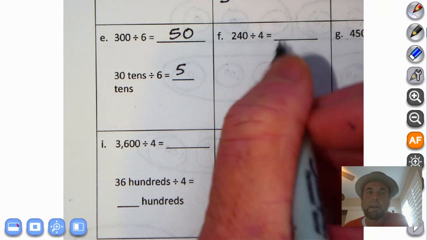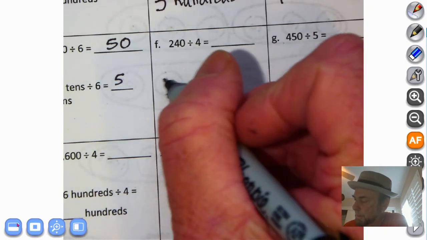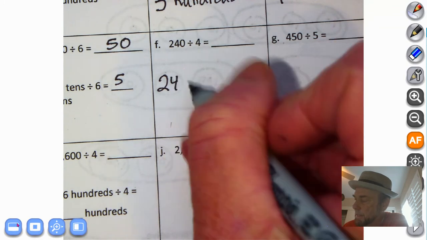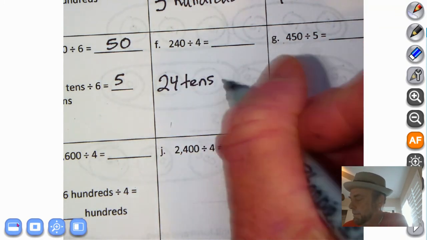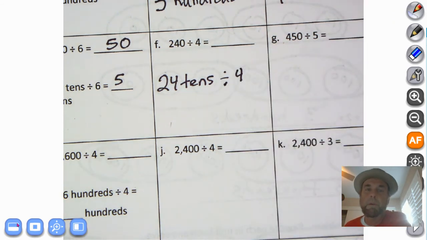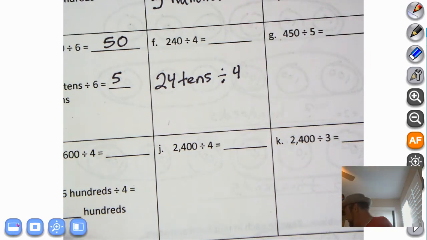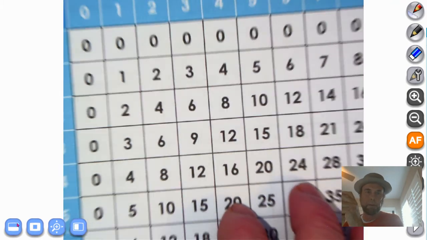Let's look over here. How many tens do we have? We have 24 tens. So we're going to write 24 tens, or 240, divided by 4. And use your multiplication chart if you need to. 4 times the number is 24. In fact, let's just do a little review on the multiplication chart. I know 4 times the number is going to equal 24, right?